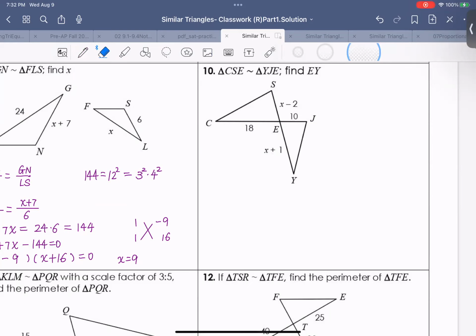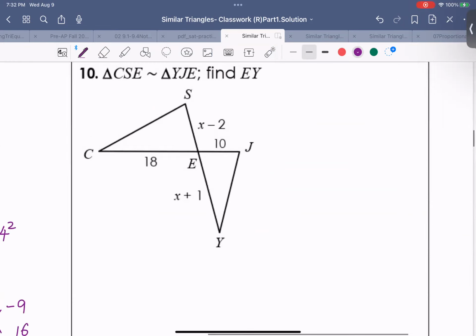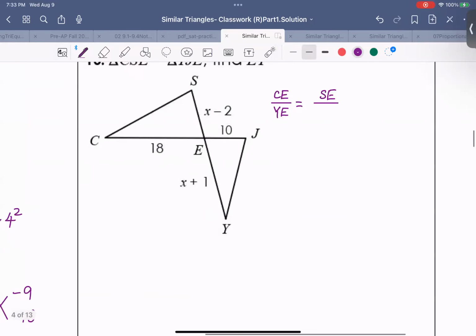Yes. Now, number 10. Timothy, since you do these several questions so fast, I ask you to answer this one, please. So angle CE over YE equals SE over JE.